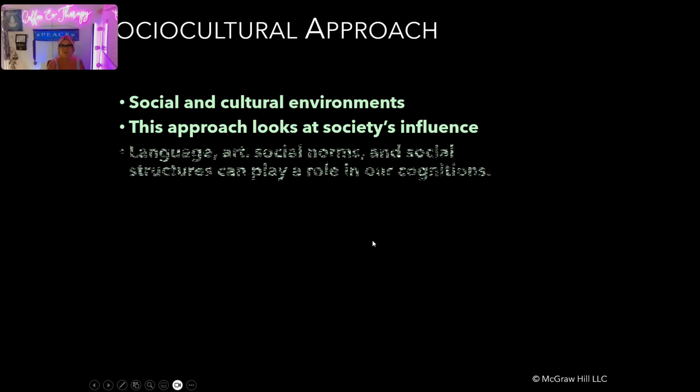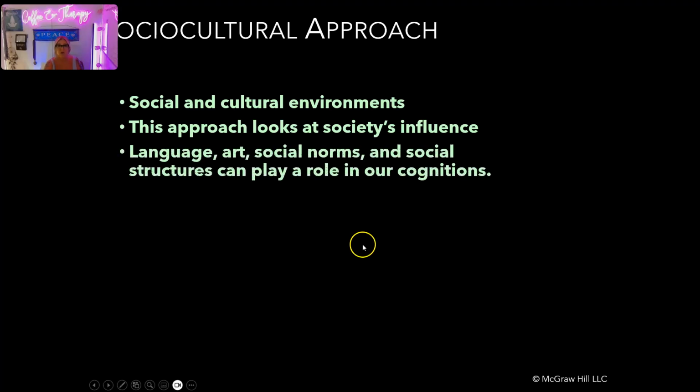All right, now we move on to the sociocultural approach. So social and cultural environments. This approach looks at society's influences. So not just from within, but the outside world and how that affects the human. Language, arts, social norms, and social structures can play a role in our cognitions, which are our thoughts.